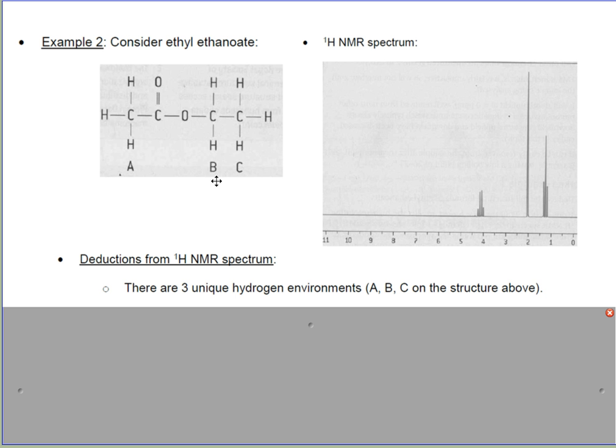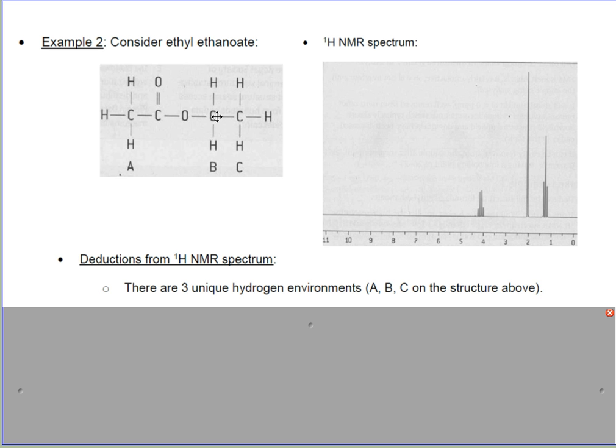We've got environment B, which is this CH2 group, and it's got 2 neighbors: a CH3 and this ester group. And then we've also got this third environment, C, a CH3 that's next to a CH2.